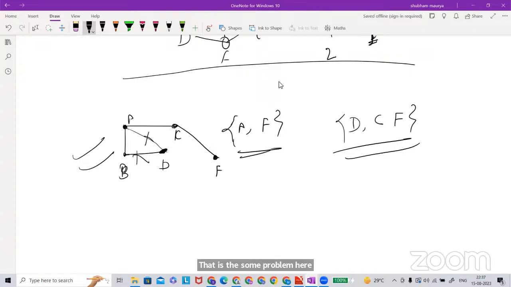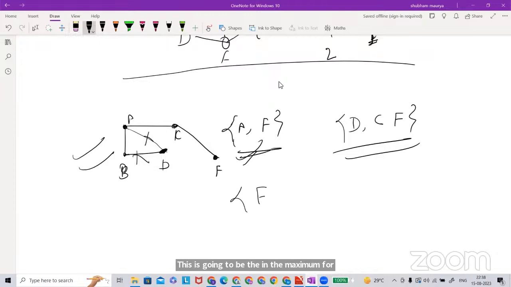Yes, sir, there is a problem about maximum independent set. For this graph, this is an independent set, but is it in the maximum form, or is there any other one?